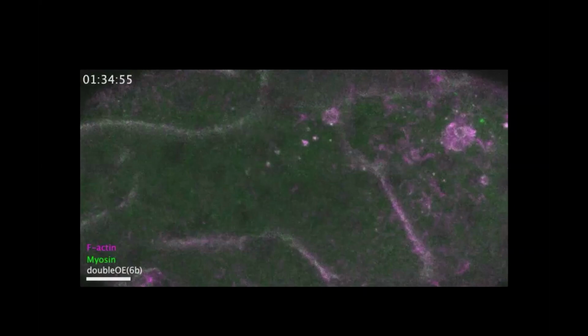So whether or not you can see the holes as nicely, we might have a system where we were able to see that a little bit better. But in each of those cases, in fission yeast, if you take a cofilin mutant, what happens is you get all the nodes of myosin collapsing into a big node rather than forming a nice continuous cytokinetic ring. And that's the work of Tom Pollard. So, yeah.